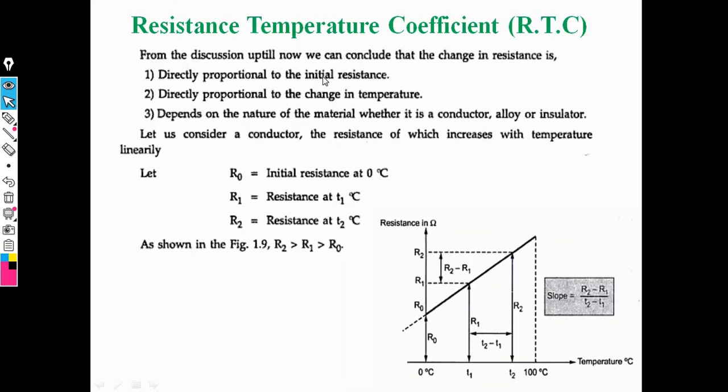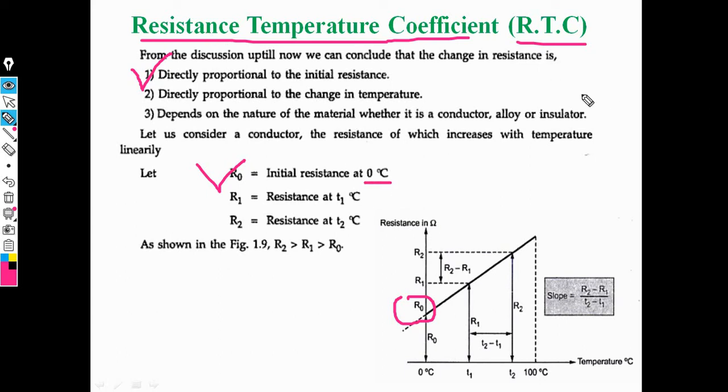Okay, now next point is resistance temperature coefficient. It is a very important point. Resistance temperature coefficient, its symbol is RTC. Then resistance temperature coefficient is directly proportional to the initial resistance. Initial resistance symbol is R0, the initial resistance at 0 degree Celsius.